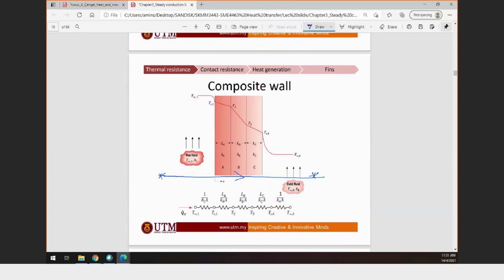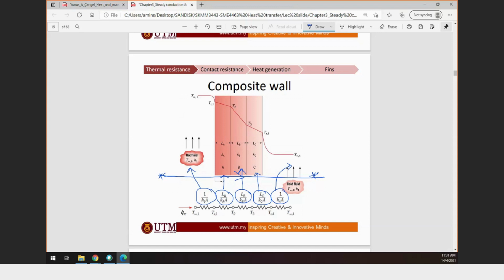By introducing the resistance throughout the system, throughout the wall: first you have the convection on the left side. Next you have the conduction in the first layer, conduction in the second layer, conduction in the third layer, and finally convection in the cool area.